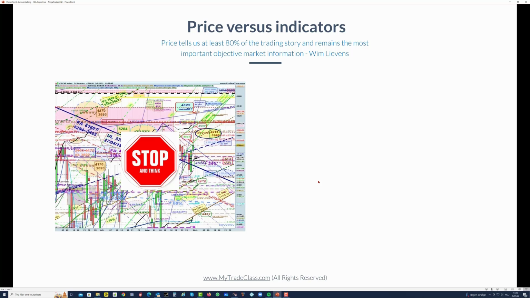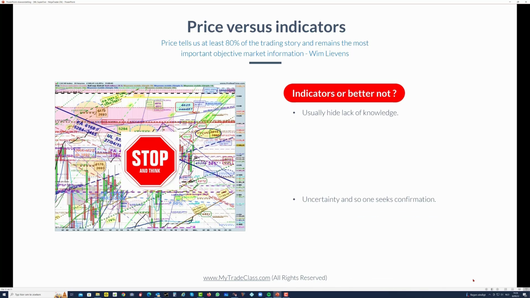This image that you see here, which you can see as a joke, but it's actually something that was sent to me many years ago. So now we can laugh with this, but you have to understand that this is serious, because if we start using too many indicators, I think we get confused.